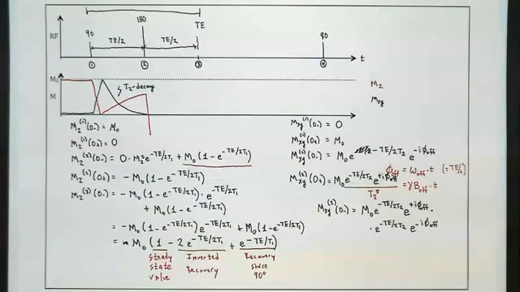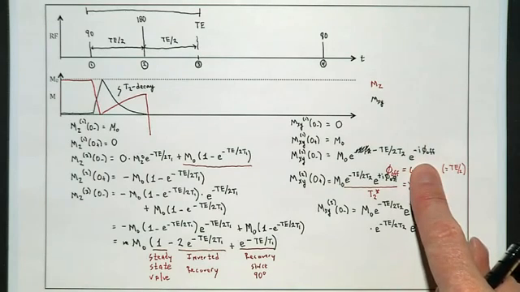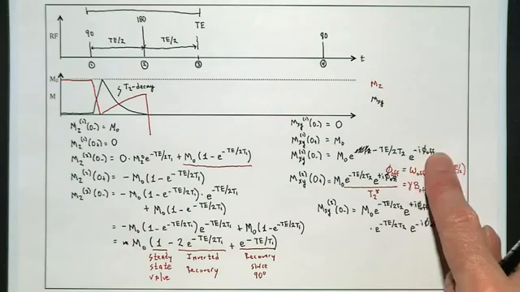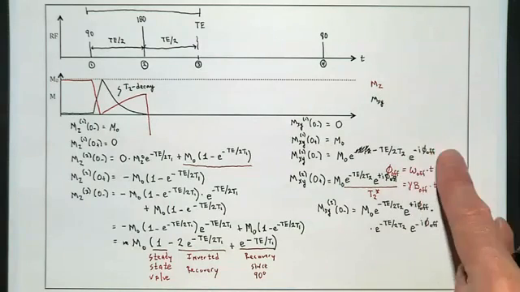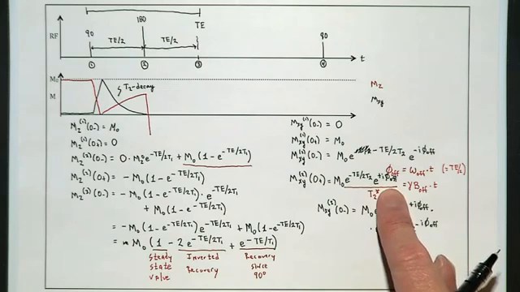Okay? I still accumulate the same amount of off-resonance that I did in that first interval, e to the minus i phi off. The only difference now is that this off-resonance was refocused. Its sign was changed when I played that refocusing pulse.